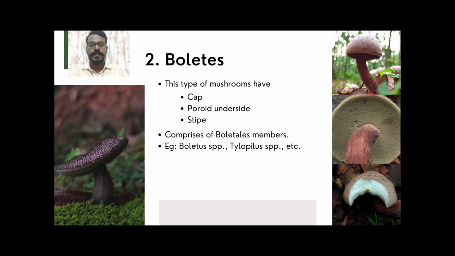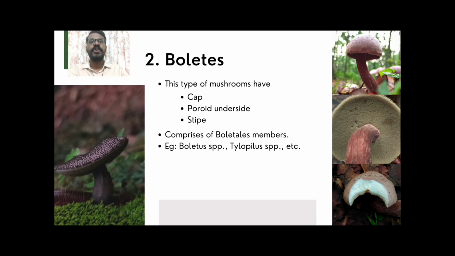Examples are Boletus species and Tylopilus species. The image on the right that you see is of Tylopilus species. Now, when you take a cross section of this stature of mushroom, you can see that the pores are formed by an arrangement of tube-like structures.